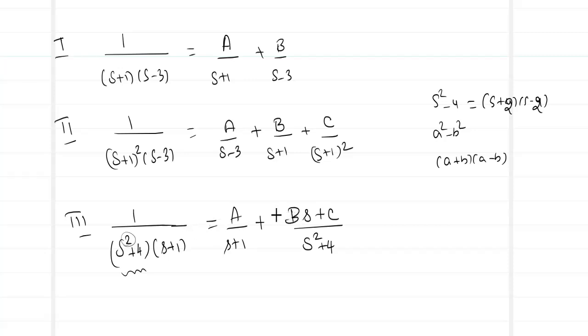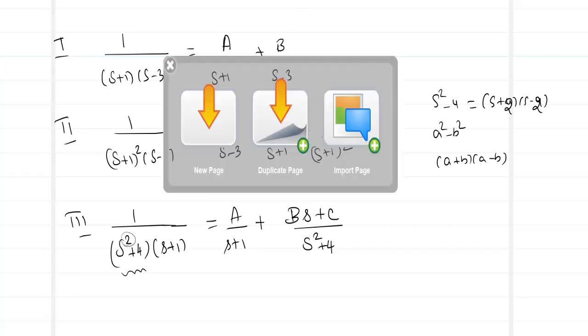Now we will see how to find inverse Laplace for functions of this kind when they appear. We will see them one by one. The first question: let us find the Laplace inverse of 1 divided by s minus 2 into s plus 3.